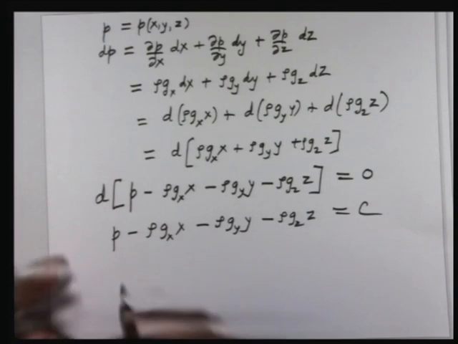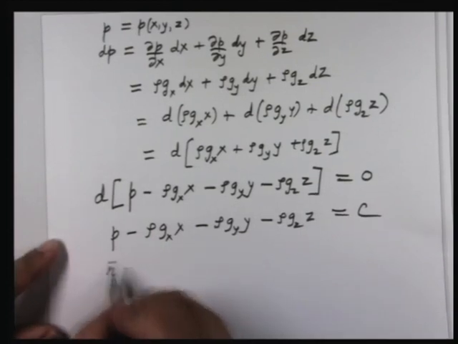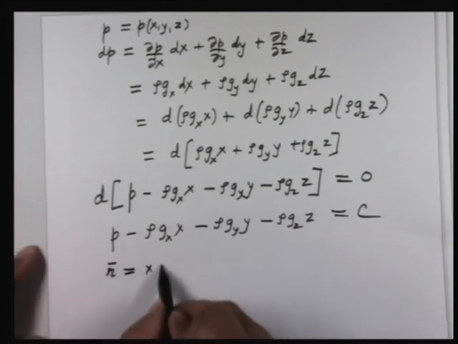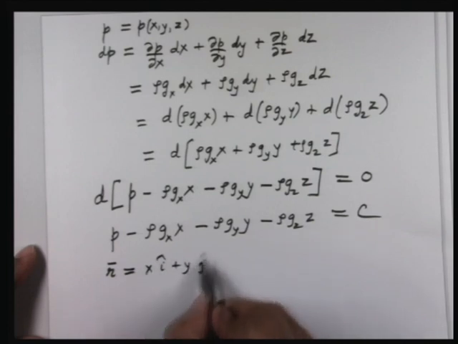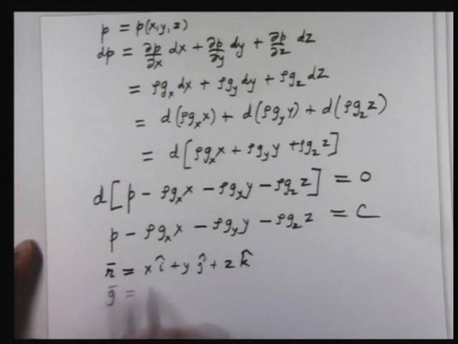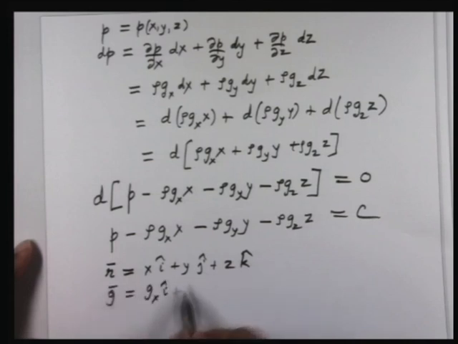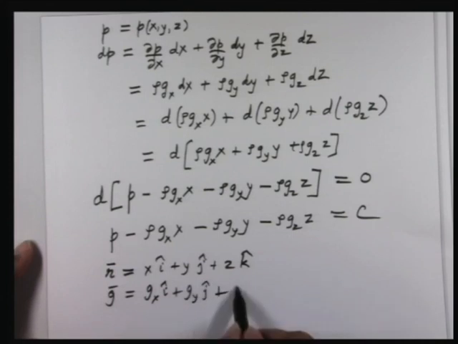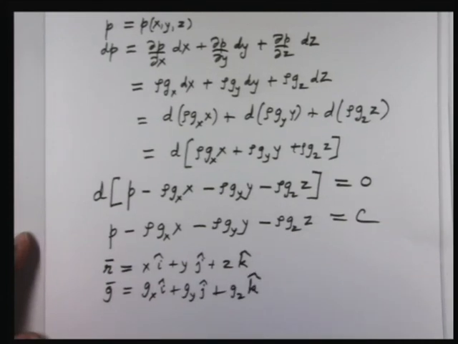Now I can write it in a coordinate invariant manner. If I take the position vector r of a point, that is xi plus yj plus zk, and the g vector we are writing as gx i plus gy j plus gz k. So if you look at g dot r, this scalar product, you are going to get gx x plus gy y plus gz z.